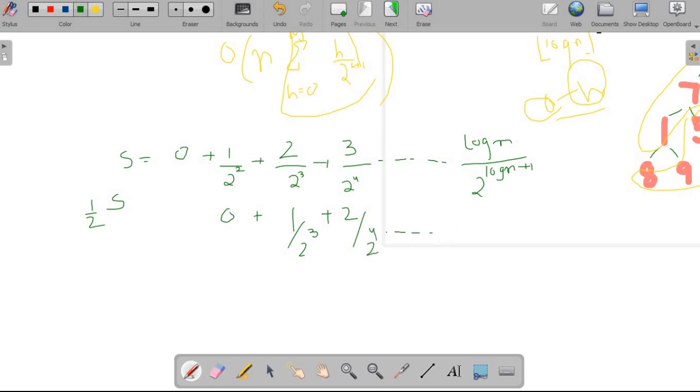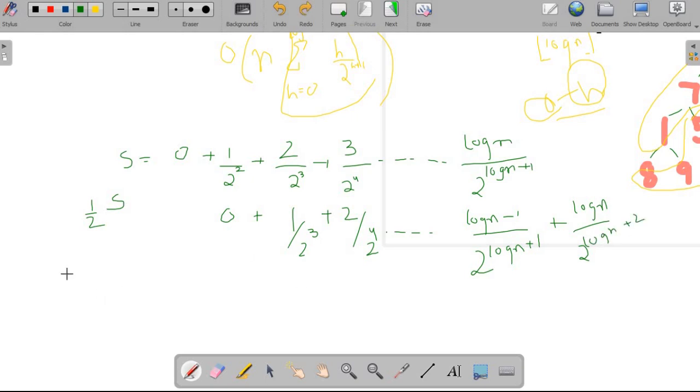Over here I'll have log n minus 1, because I'm multiplying the number previous to this term by 1 upon 2, so I'll have log n plus 1. Now the last term will be log n upon 2 to the power log n plus 2.